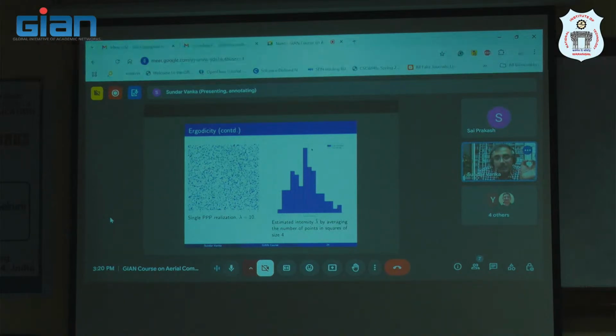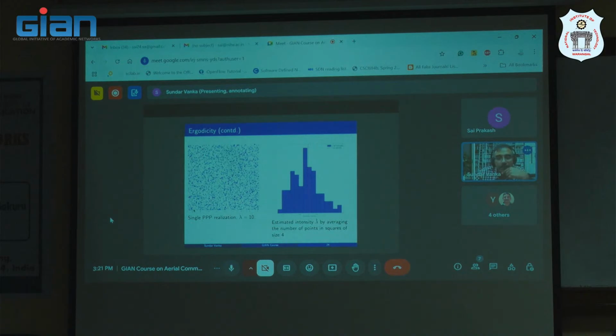Can we approximate to normal again? This normality will be there, but more importantly, in addition to this normality, the convergence to this mean is critical. The average intensity I can measure even by averaging over different pieces of a single realization. I don't need more than one realization. I just need a large enough number of squares, which means a large enough area.